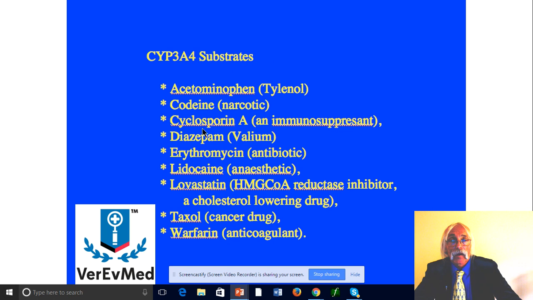Here are a bunch of compounds that are CYP3A4 substrates. Tylenol, there's codeine, cyclosporin, on and on. Valium, erythromycin, right? Now, again, when the cytochrome P450s interact with these ingested drugs, often they break them down so they're no longer biologically active. Typically, that's what happens. But also, sometimes they can produce toxic products. When they produce toxic products like acetaminophen, when it's broken down, it can actually cause what? Liver damage.